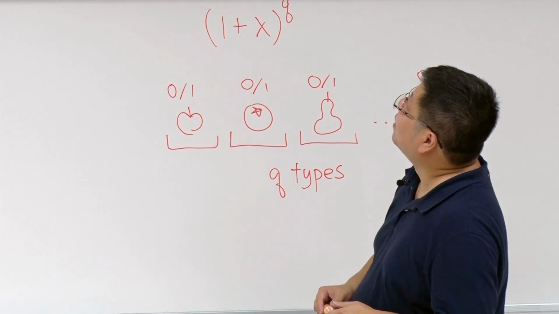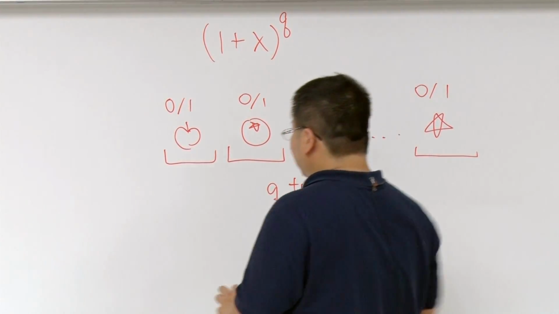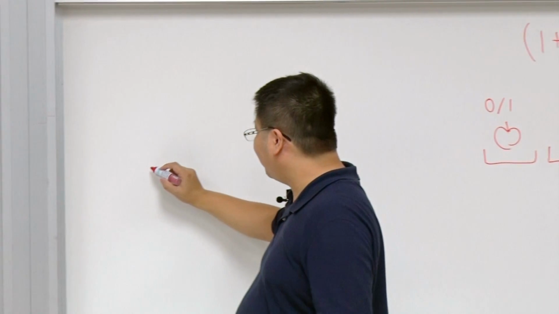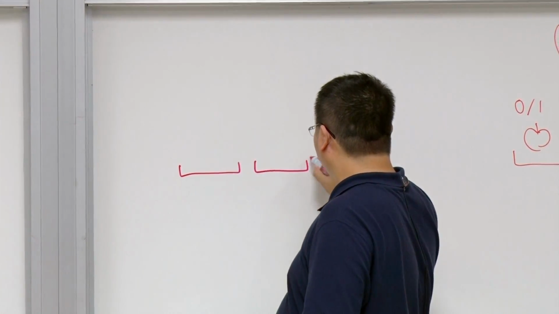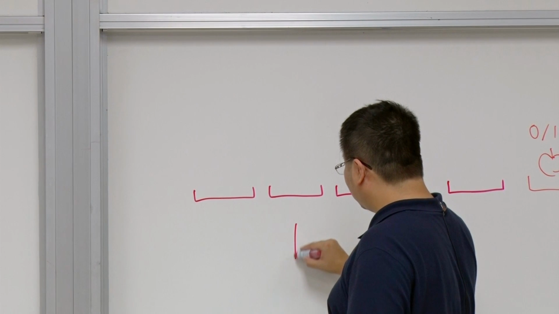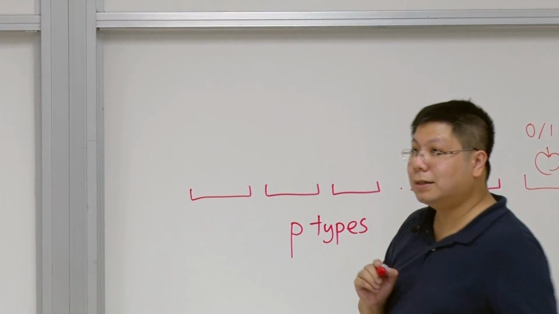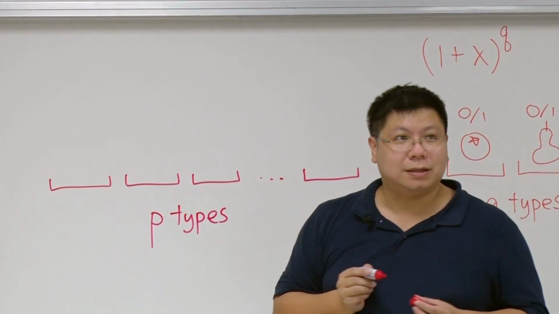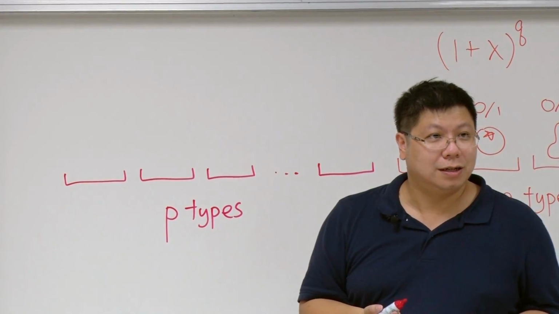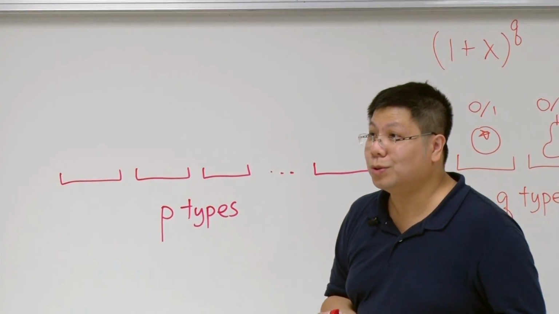And how about 1 plus x squared? What does that mean? If you think of this as similar, there should be some p types of things, right? So maybe I can choose 0, 1, or 2. Is that okay?